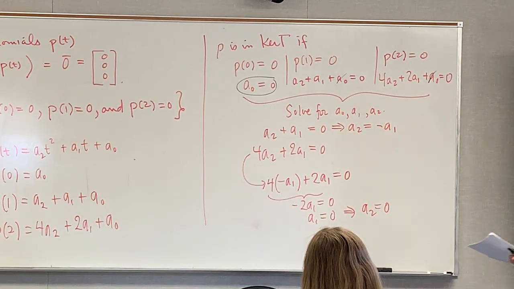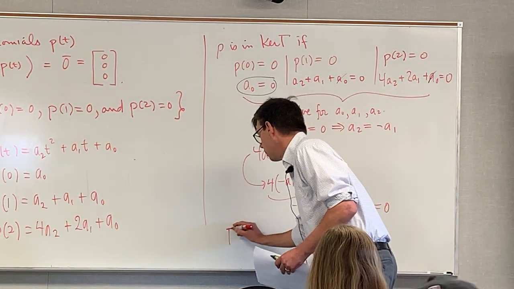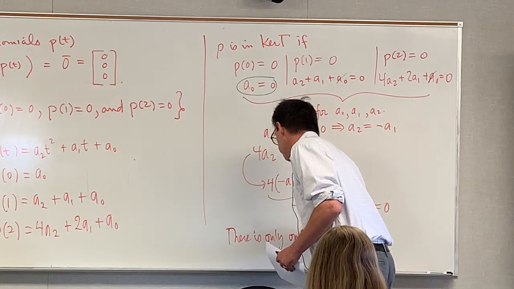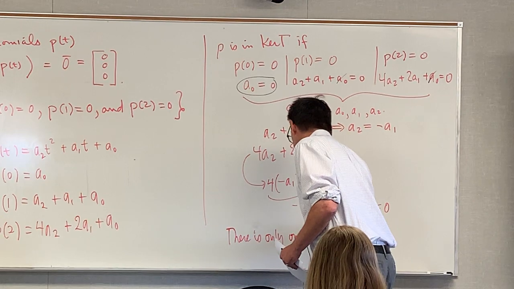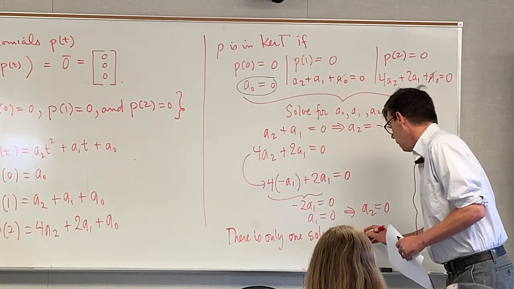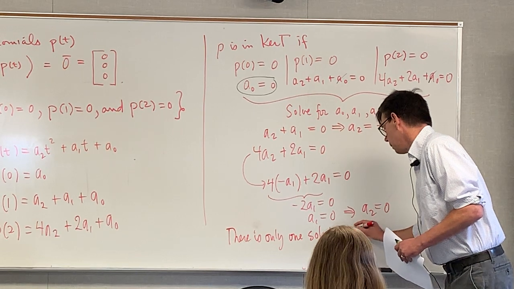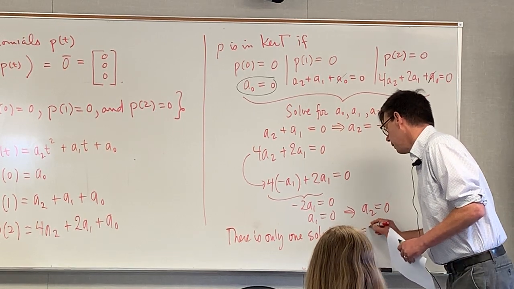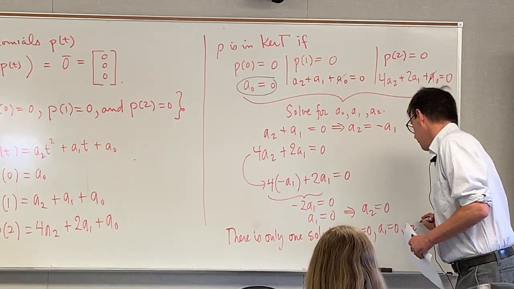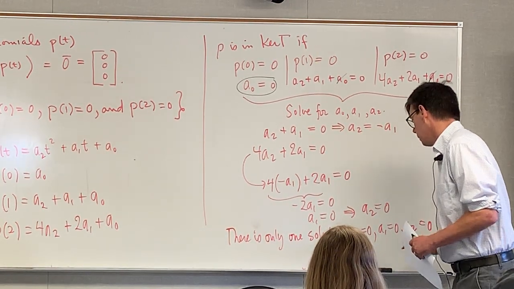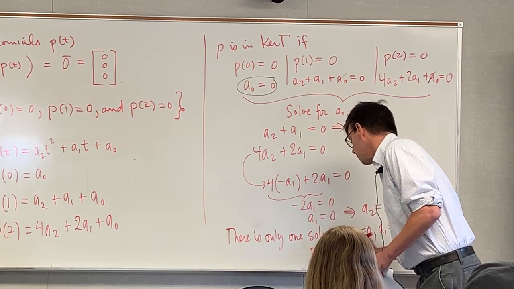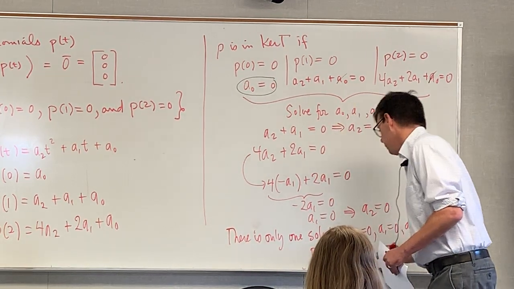So there's only one solution. A0 equals 0. A1 equals 0. A2 equals 0. So the only solution is P of t equals the zero polynomial.